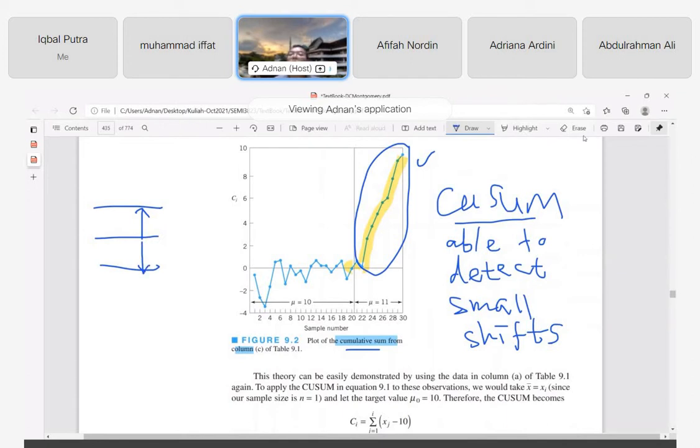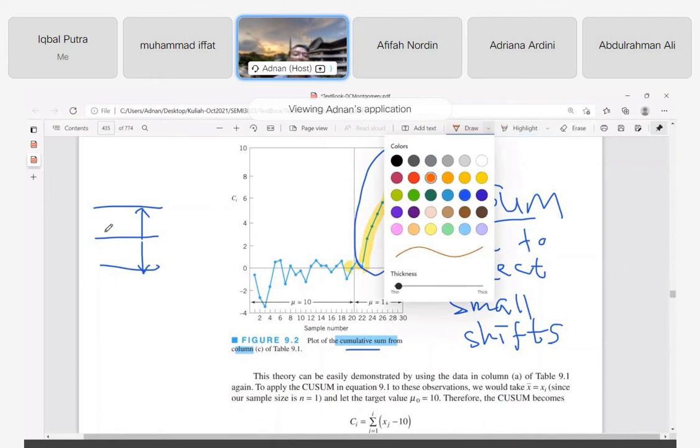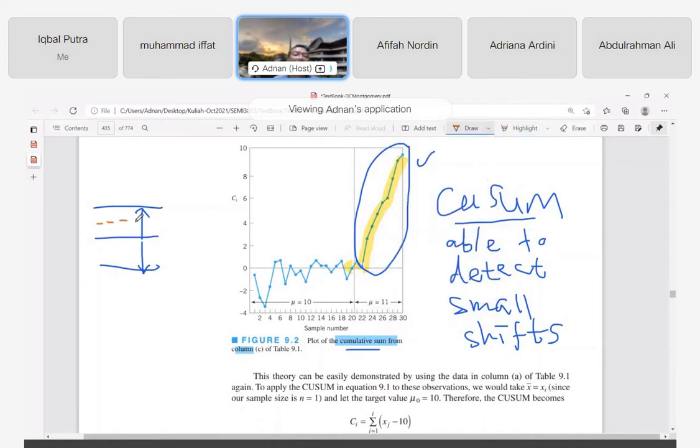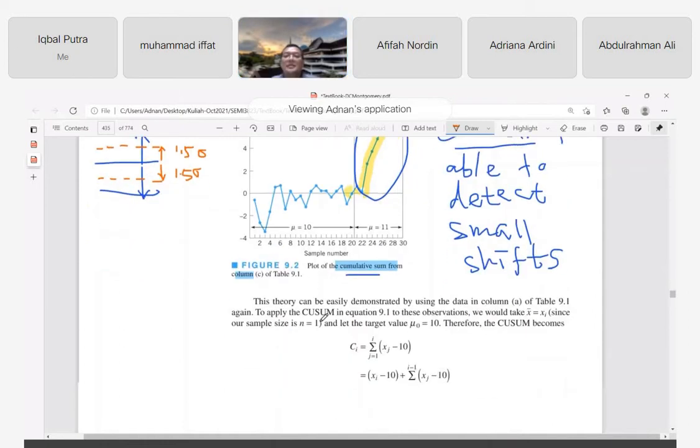So when we say it is a small shift, we are normally referring to a shift which is half of this, 1.5, which is not able to be detected by rule number 1 of the runs rule, because it is most likely still within the control limit. The control limit cannot detect this. So the small shift can be detected by QSUM. That's the good thing about it.